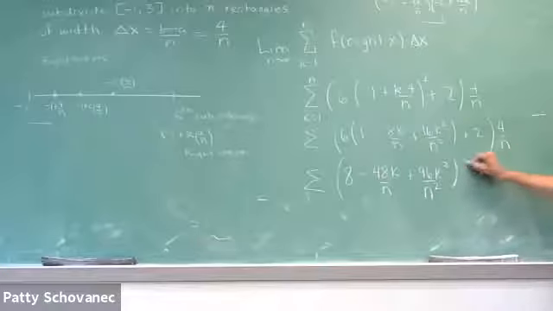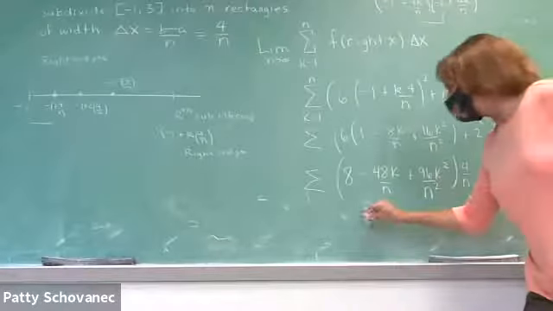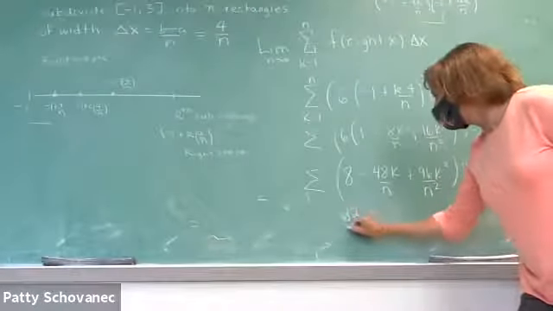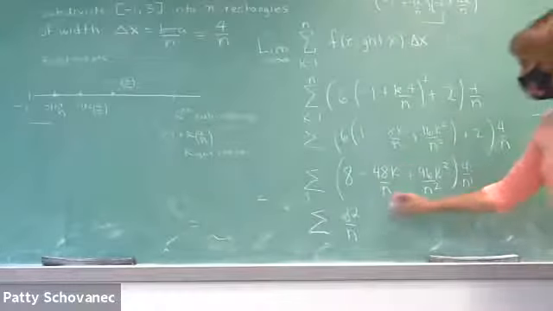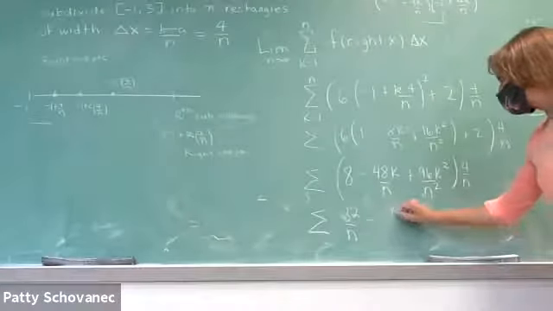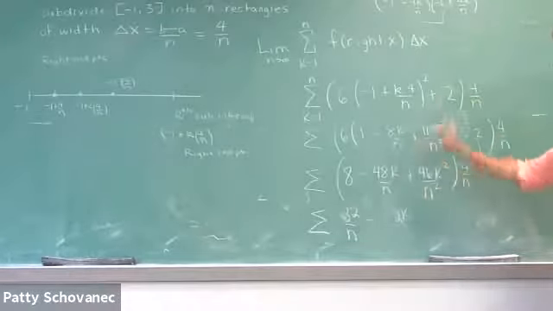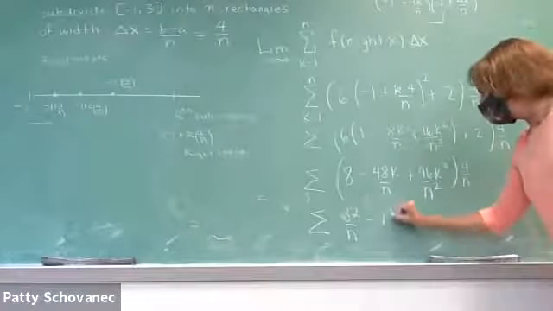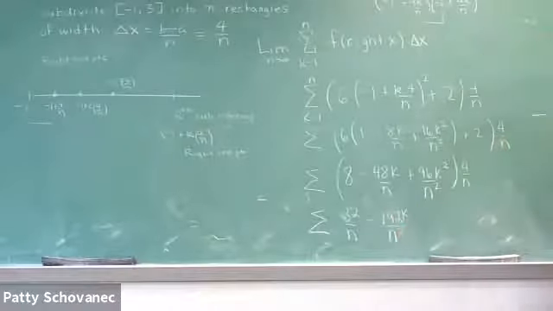And so my next step now is to multiply 8 by 4 over n. This is algebra, right? So 4 times 8 is 32 over n. 4 times 48, 4 times 8 is 32, carry the 3, 16 plus 3 gives me 192k over n squared.